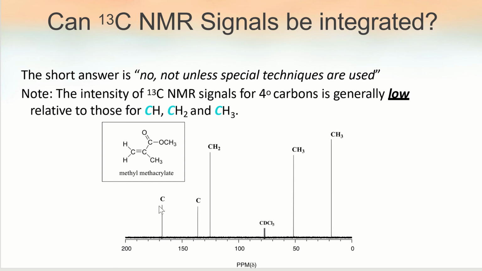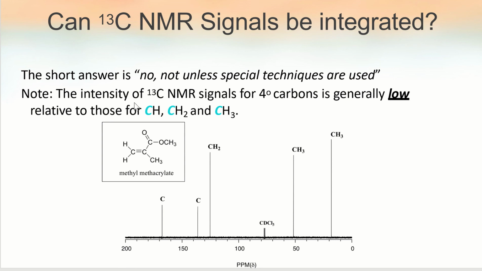In the structure we see here, we have two quaternary carbons, and they are less intense than our methylenes and methyls, right?